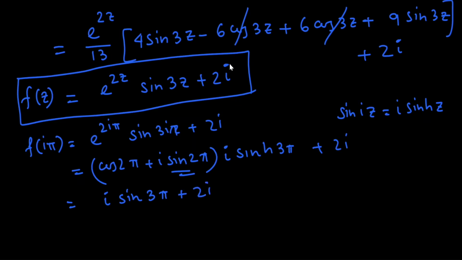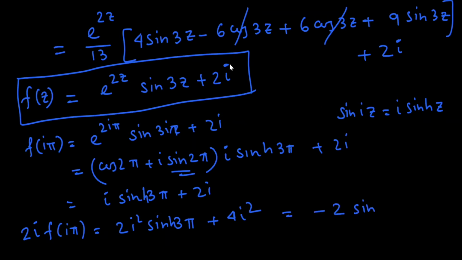Now we multiply f(i pi) by 2i. So 2i f(i pi) is equal to 2i square sinh 3 pi plus 4i square. So this is equal to 2i square meaning minus 2 sinh 3 pi minus 4.